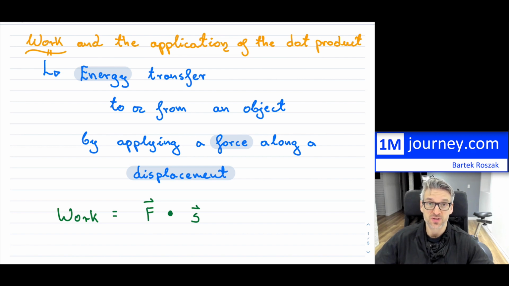Now, if you've studied the dot product, then of course we know what this is. You can actually do the dot product depending on how the force and the displacement is provided. Is it in a geometric representation, or is it maybe as Cartesian vectors? In either case, it doesn't really matter. We can find out what this work actually becomes.